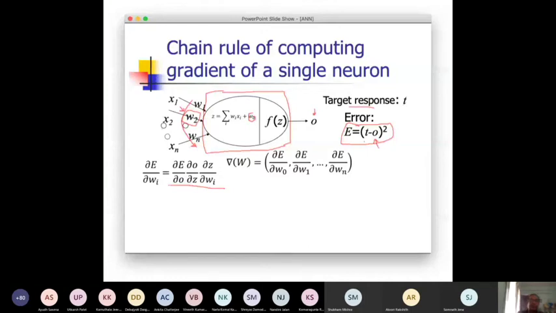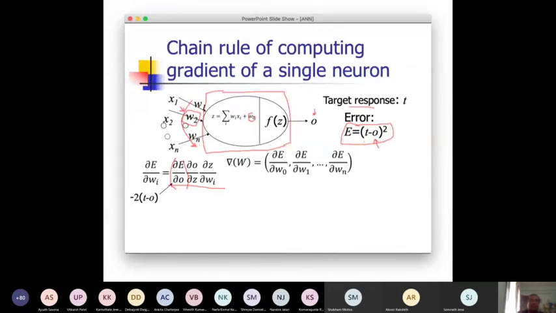Individually, you can compute these very easily. What should delta E by delta O be? Sorry, it is minus 2 (T minus O), because of the negative sign on O.